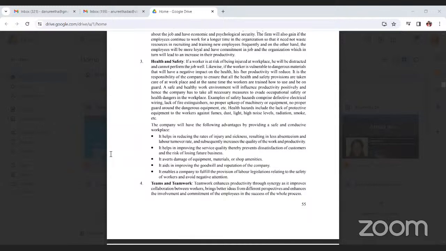So what is it that you are providing to the employees in terms of health and safety? That is, you need to reduce the number of injuries.